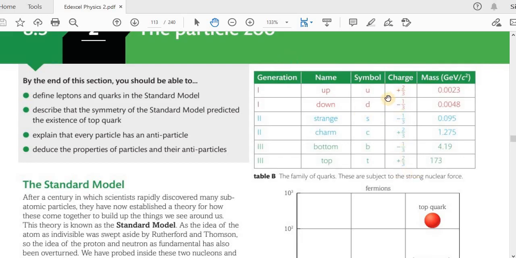Up quark has charge positive 2/3, charm quark has positive 2/3, and top quark also has positive 2/3. All of them have the same charge, and here the charge is 2/3, so it's the majority charge. So majority also means something positive, right? 2/3, you can think 2 out of 3, the bigger portion.